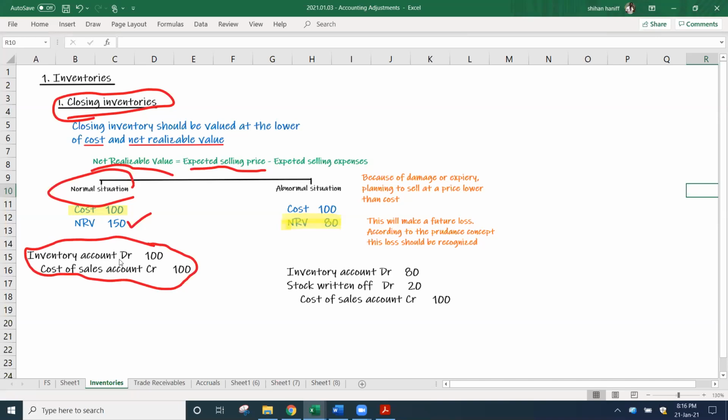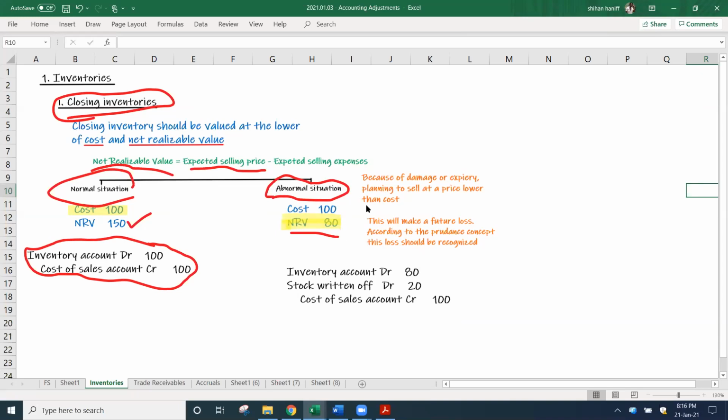Stock account debit, cost of sales account credit. But if the NRV is less, it is called an abnormal situation. NRV is less, meaning we are planning to sell our stock at less than the cost. We purchase at 100, but we are selling at 80. So this is called an abnormal situation.